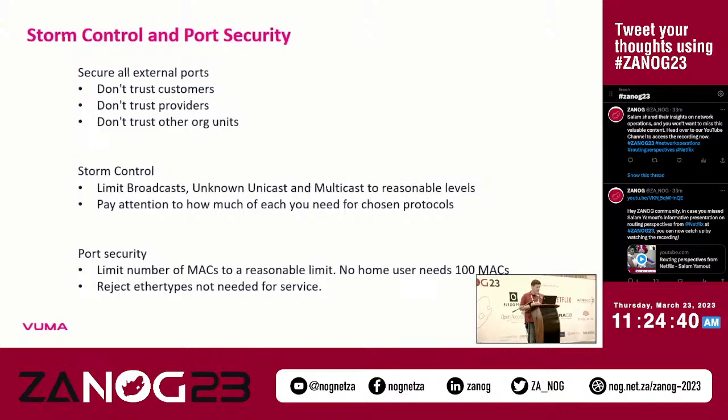Storm control, limiting the amount of broadcast messages, so that when that condition occurs, that you have the traffic looping and amplifying, you create some kind of limit that stops that from getting out of hand. But take care when you're doing that, because like we said earlier, PPPoE, DHCP, those protocols all need broadcast messages.